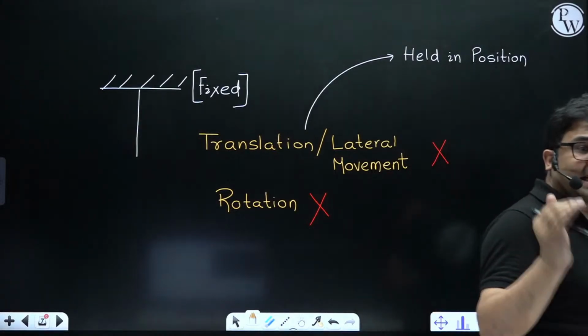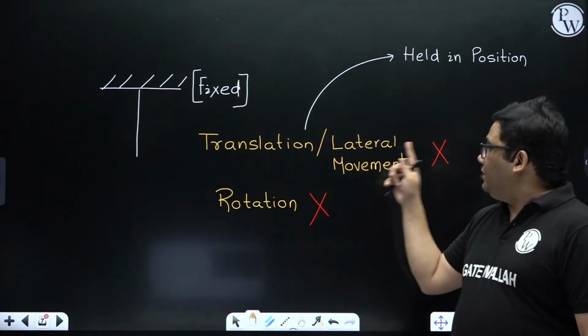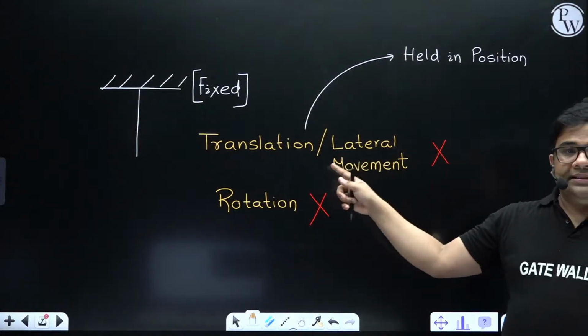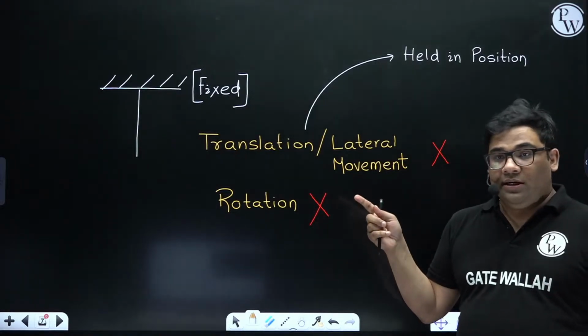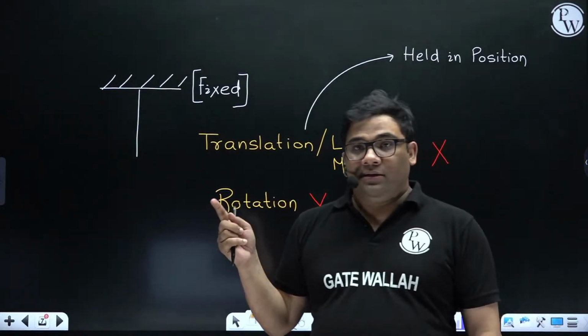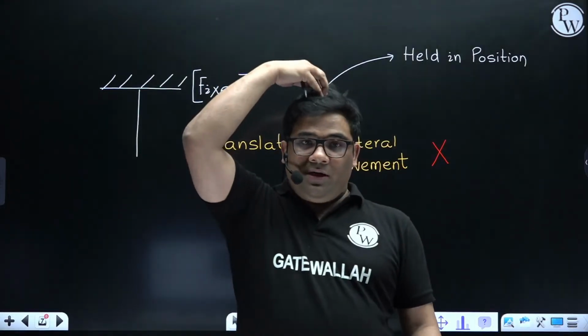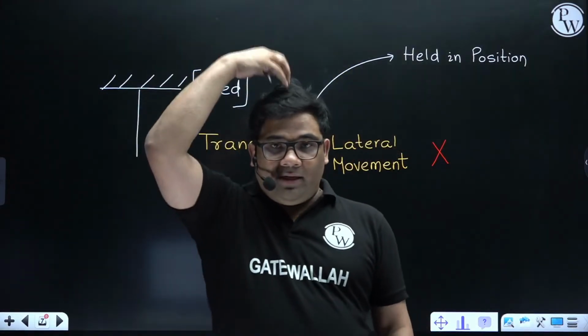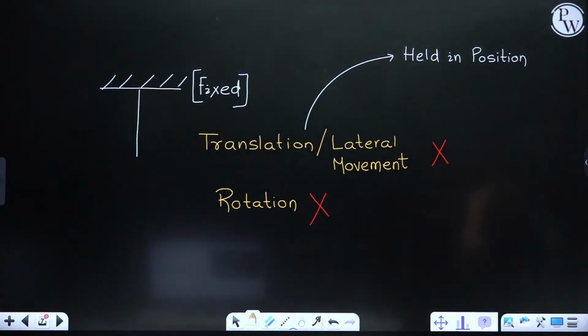Translation not allowed means wherever the initial position is, it will remain there. If this point is here, it will be here only. It cannot move, so the position is fixed, or I will say held in position.